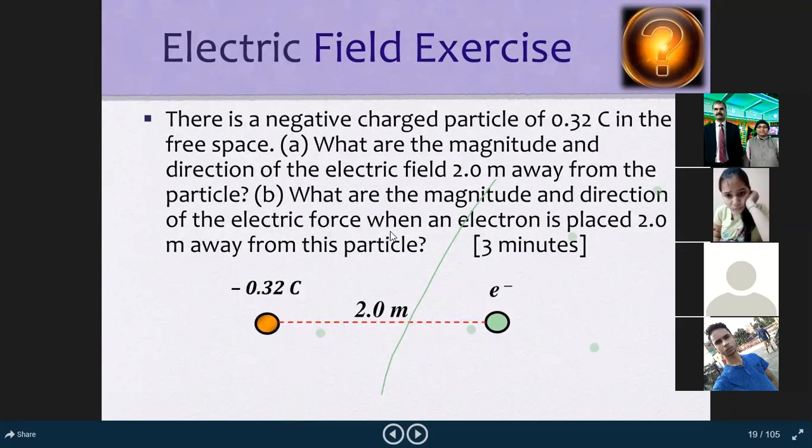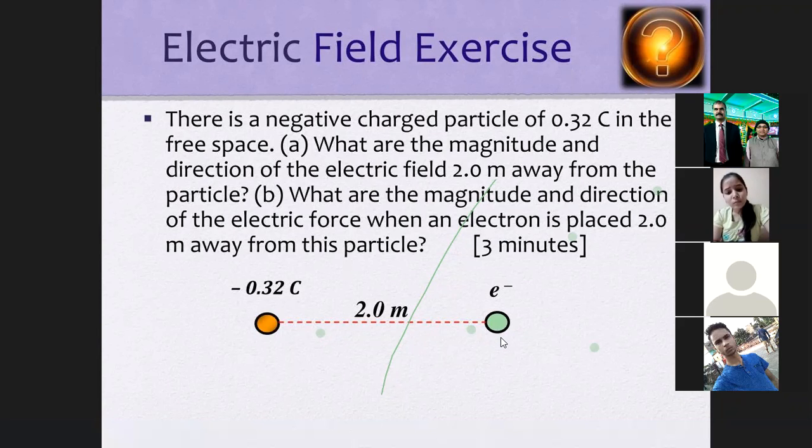इलेक्ट्रिक फोर्स when an electron is placed at a distance of 2 meter away from this particle. इस केस में क्या है कि इस चार्ज से 2 मीटर की दूरी पर एक इलेक्ट्रॉन को रख दिया गया, तब यहाँ ये इलेक्ट्रॉन फोर्स फील करेगा। तो पहले जो हमने इलेक्ट्रिक फील्ड निकाला है, हम पहले पढ़ चुके हैं कि Fe इक्वल टू क्या हो जाएगा?